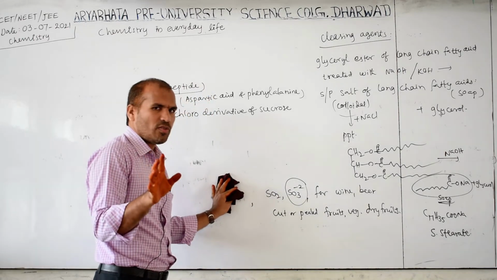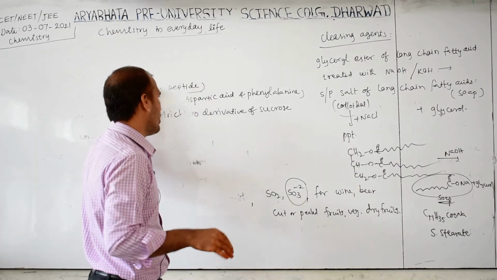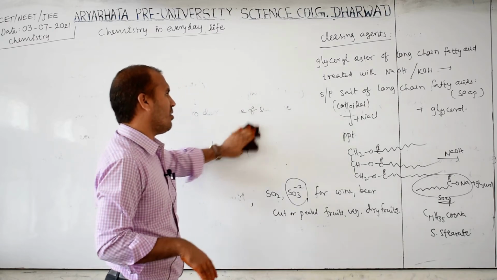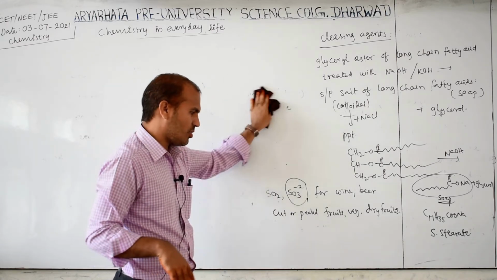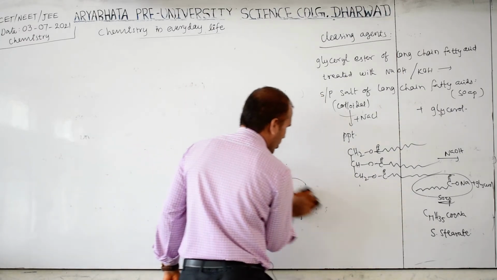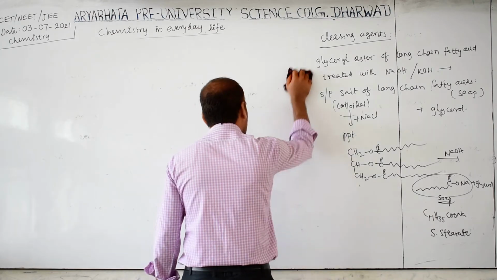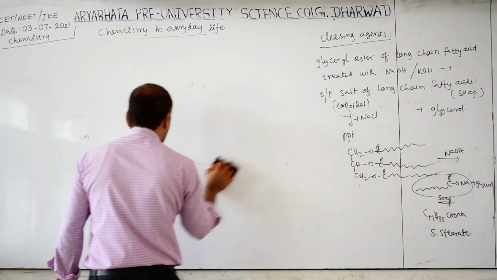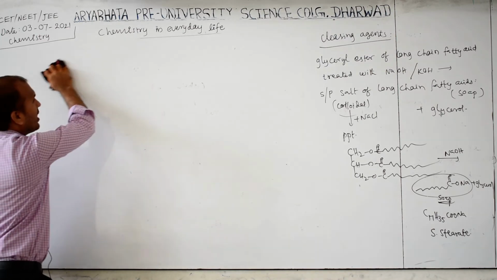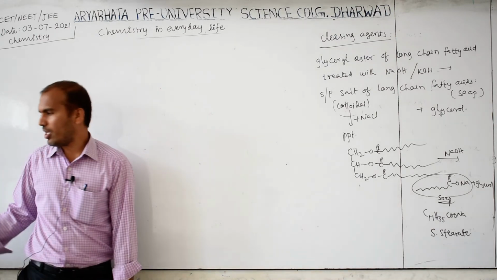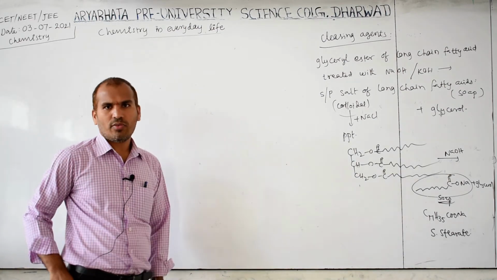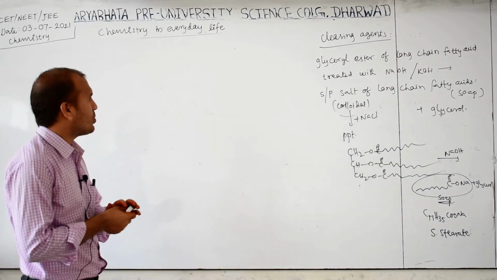There is no COOH there; SO3 will be there, like the sulfuric acid formula. Keep in mind, detergents are different and soaps are different. Soaps are sodium or potassium salts of carboxylic acid, detergents are sodium or potassium salts of long chain sulfonic acid. This is very important, and detergents give a better cleansing action than soaps.